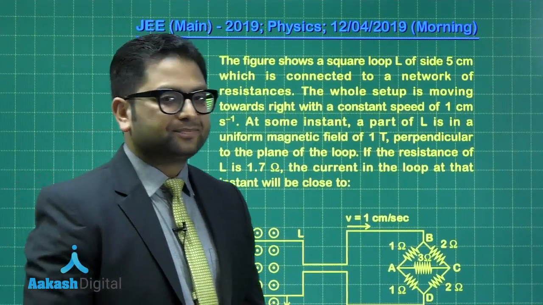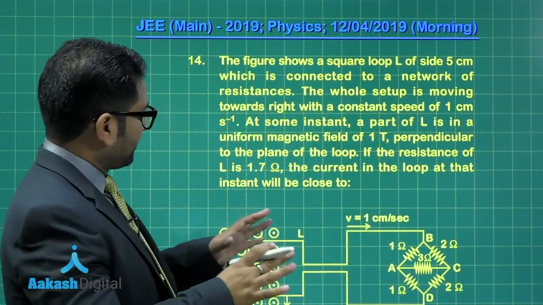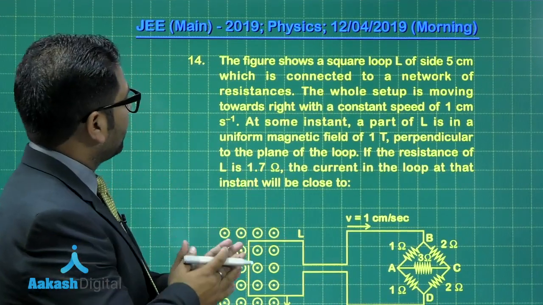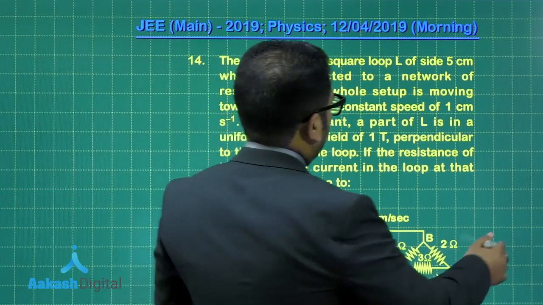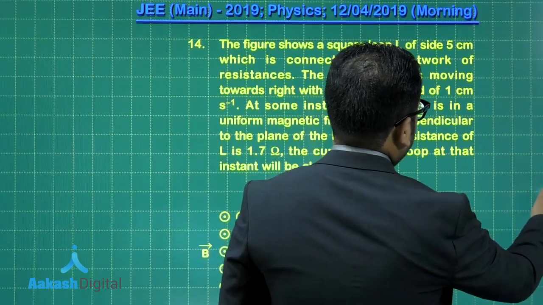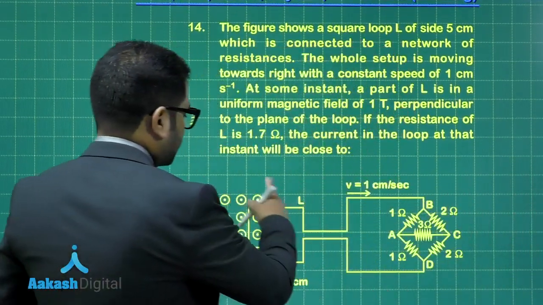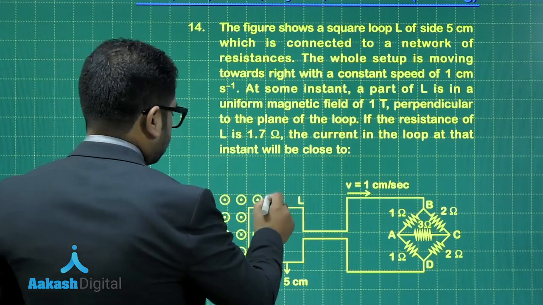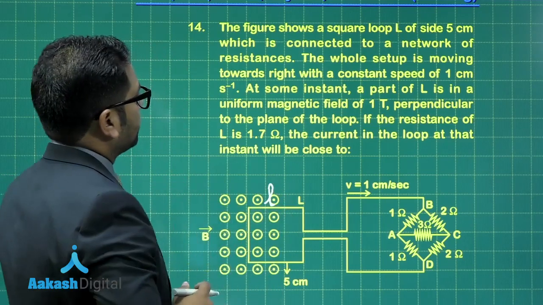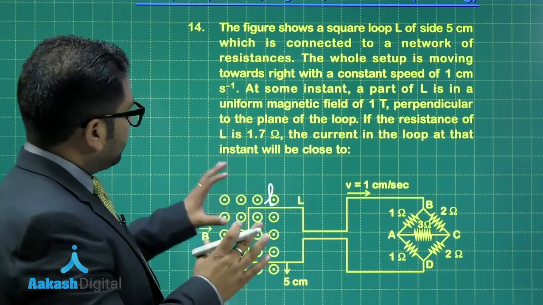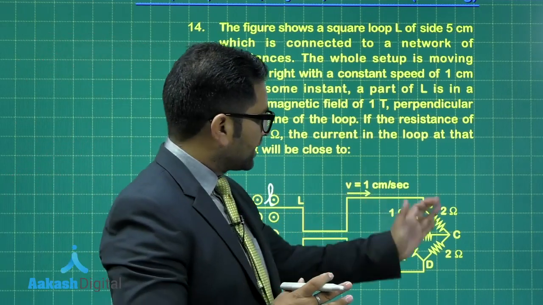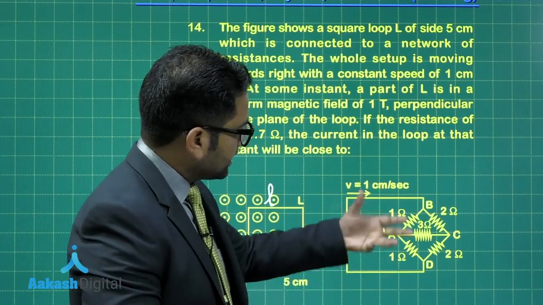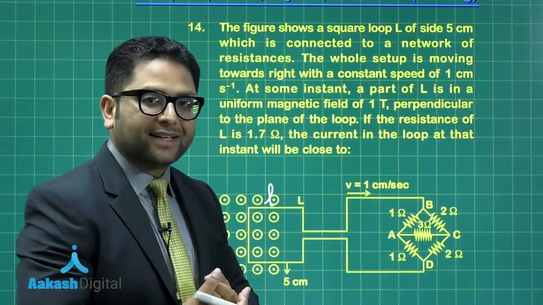14th question. The figure is a bit lengthier, but if you go step by step, it's quite a simple one. It says the figure shows a square loop L, of side 5 centimeter. That means the length has been given. And this is connected to a network of resistors, and it's visibly clear there is a Wheatstone balance bridge.